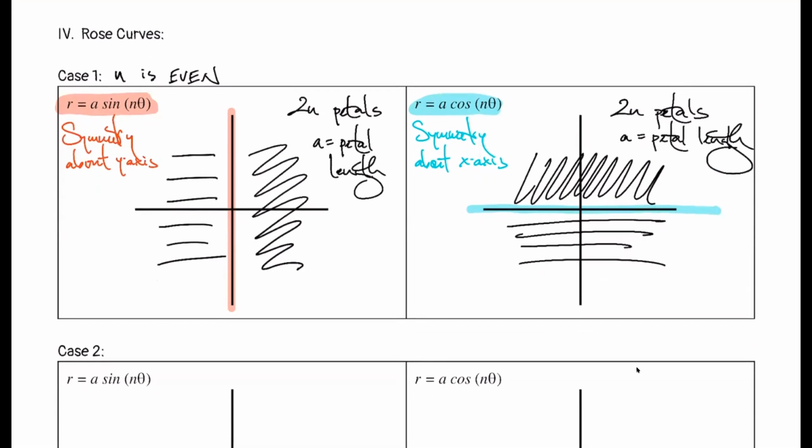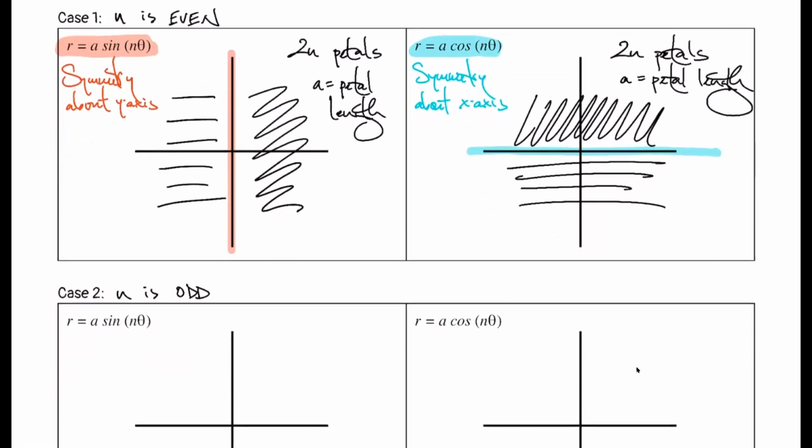Now we can say something very similar for case 2, except that n is odd. The symmetry is the same, the petal length is the same, except there are 2n petals, you just don't see them all.